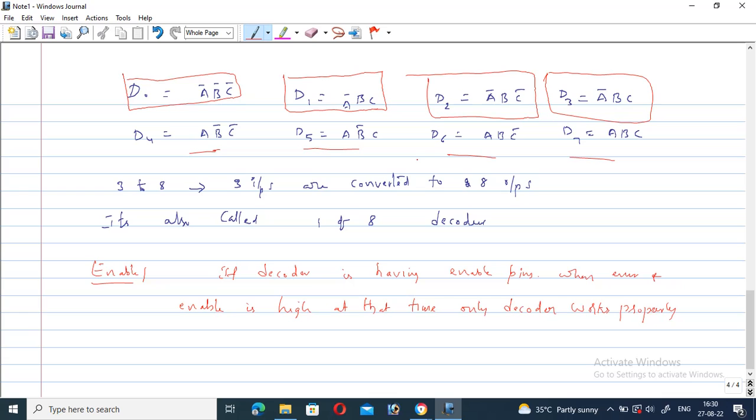Coming to the decoder applications, it is used in many applications. I will mention some of them. In a microprocessor memory system, selecting the different banks of memory. Let us see the applications of the decoder.